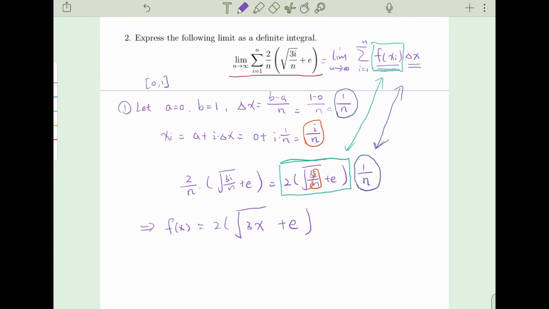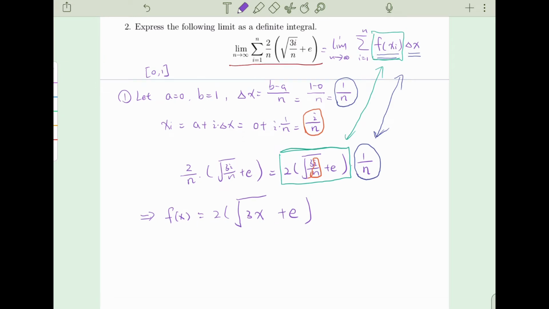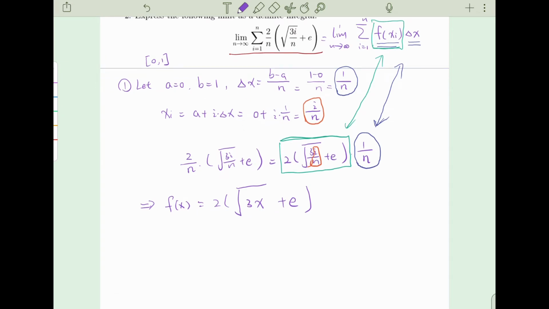And that is how we find out what the f of x has to be, by assuming at first the interval and the xi and the delta of x and all those things.